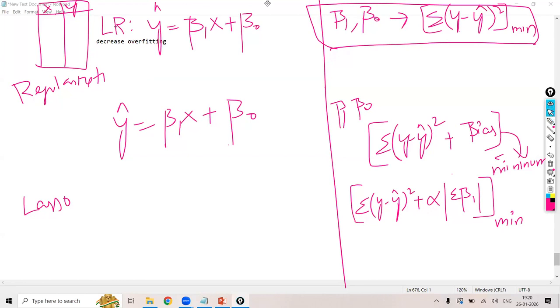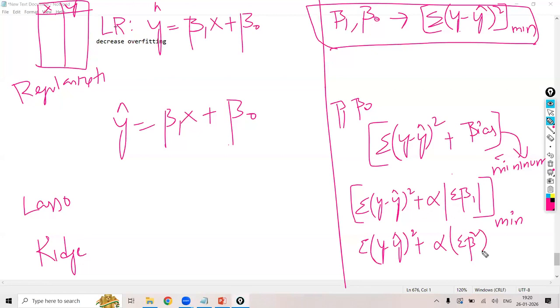In the lasso regression, we'll take one example and I'll explain clearly. The bias of lasso is this one. What is the bias of ridge? Sum of the squares of error plus alpha into slope square.